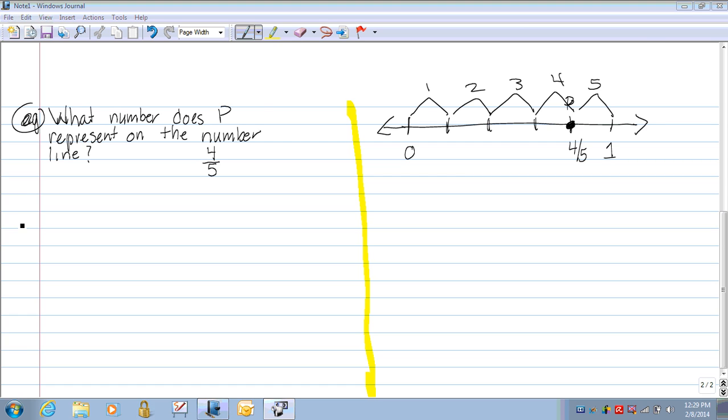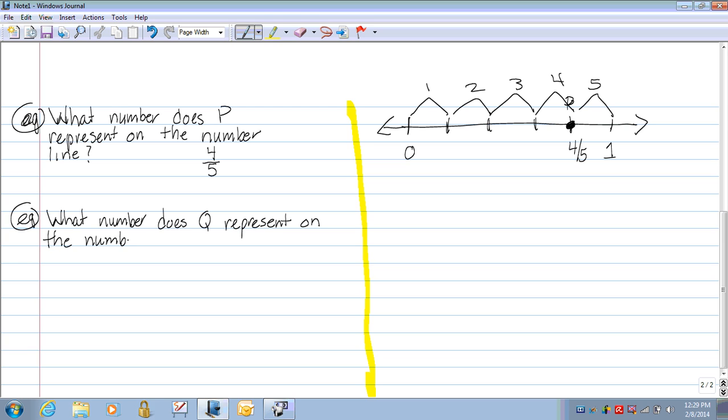Let's look at another example. What number does Q represent on the number line? And we're going to have it in a fractional part.